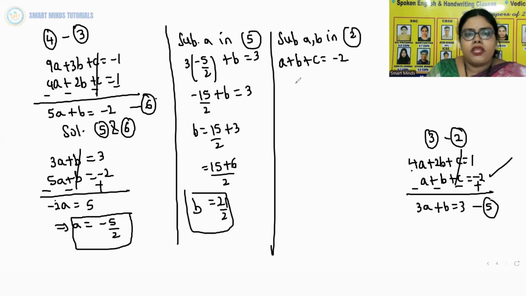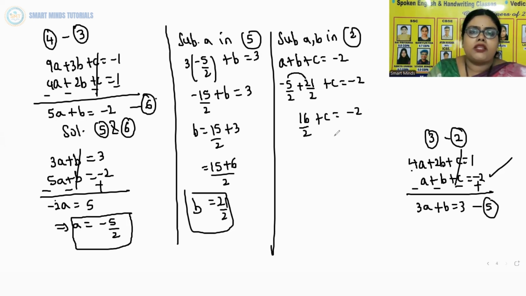Let us substitute a and b values. A is -5/2. B is 21/2 plus c is -2. Here denominators are same. We add the numerators. So this is 16/2 plus c equals to -2. 2 eights are 16. C is equal to -2 minus 8, that is -10.